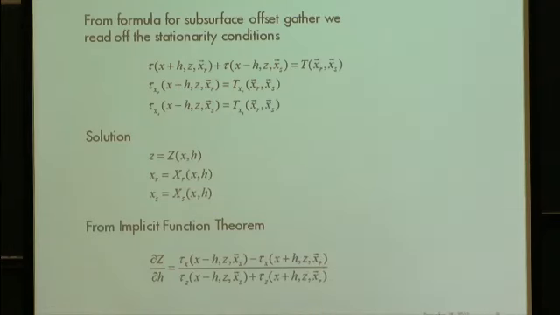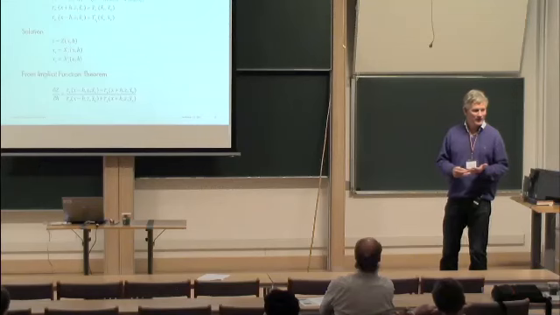Stationarity with respect to the frequency is giving you the first one, and then stationarity with respect to the source and receiver coordinates, the second and the third one. You can look upon these stationarity conditions as a set of 3 equations with 5 unknowns. That's namely x and h and z and xr and xs.